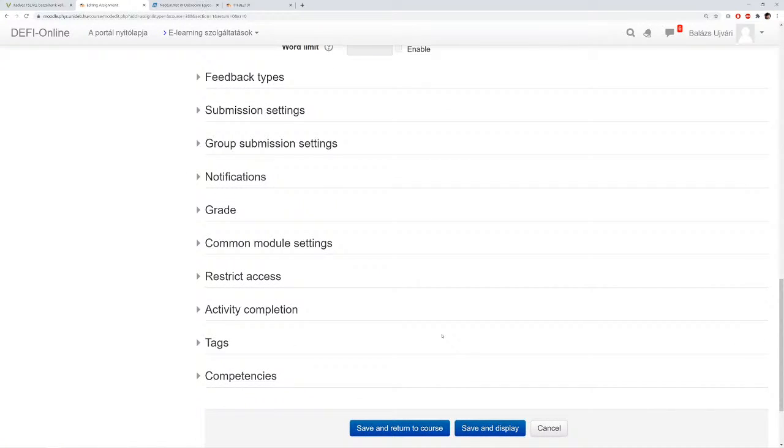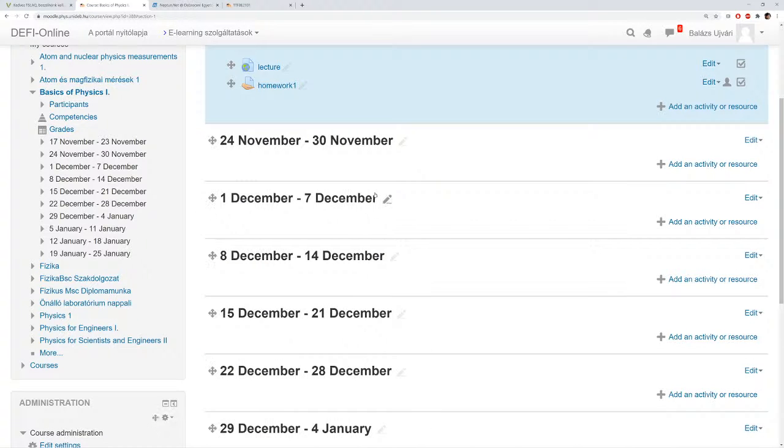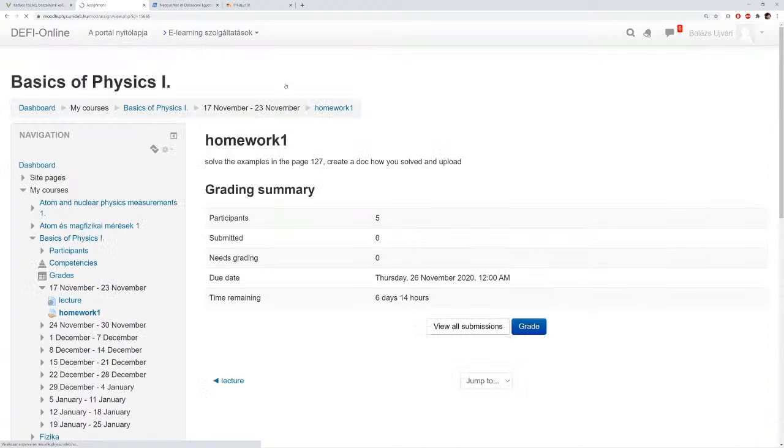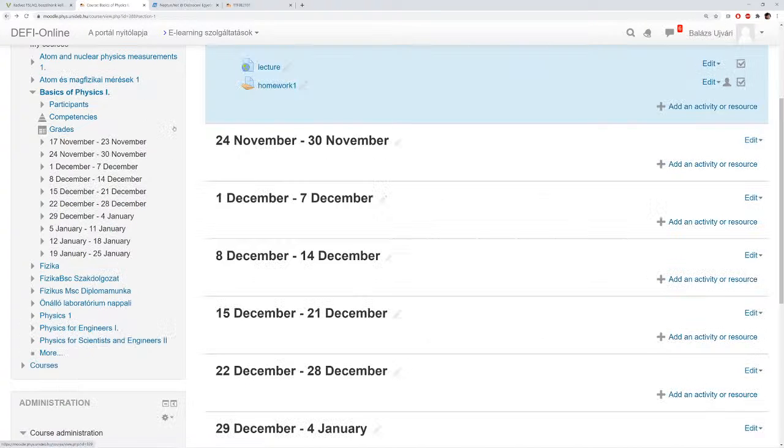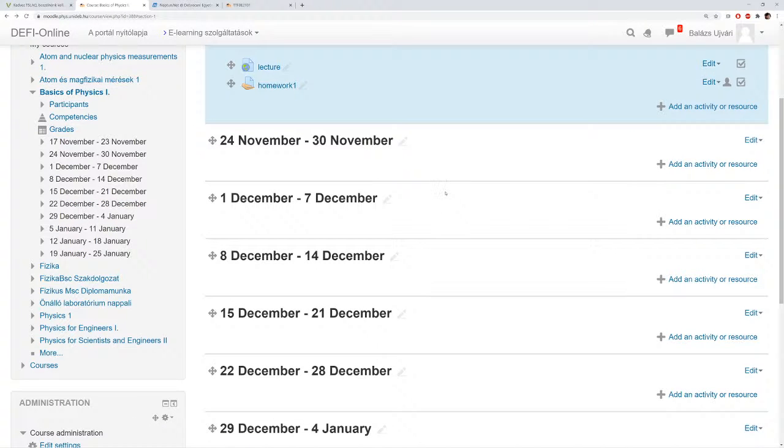Oh, there are so many things. If you click on the homework and you solve it, here instead of these buttons, you will see something like upload. You can upload it and I will see it at your name. Can you try to do that?